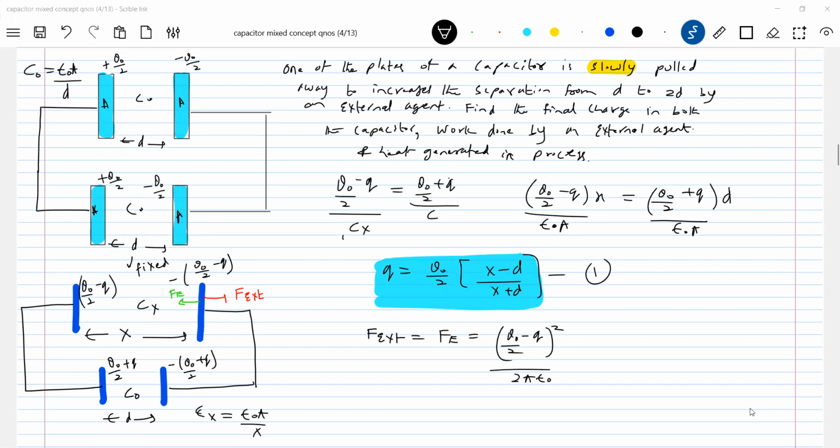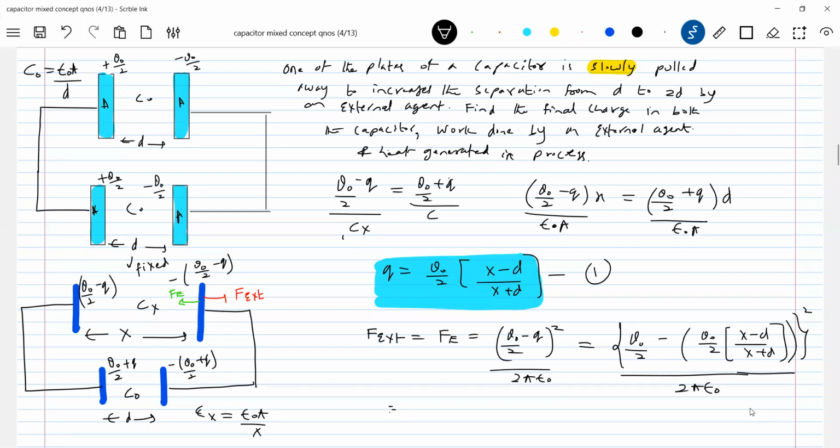Okay, let me go for substitution. I'll write it here only. This should be equal to Q naught by 2, minus of Q, which is Q naught by 2 times (x minus d) by (x plus d), total bracket squared, by 2A epsilon naught.